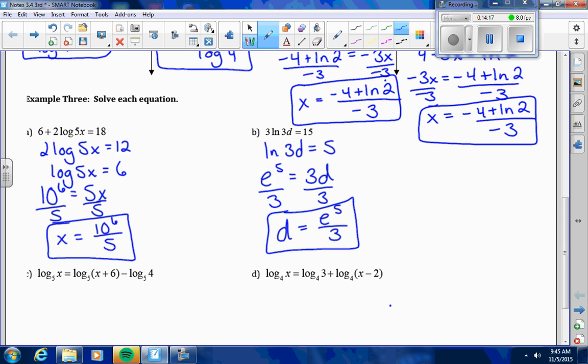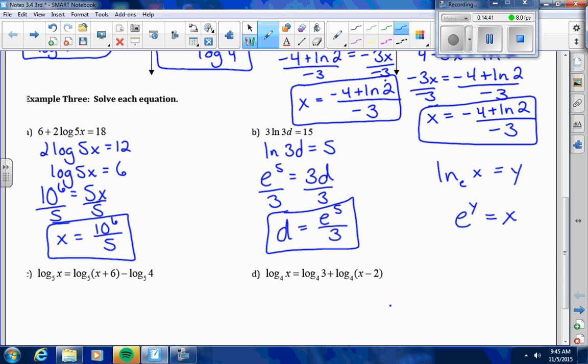Okay. Changing from log to exponential, it's natural log of x equals y. The exponential form is the base of e to the y equals x. So e to the power of 5 equals 3d.